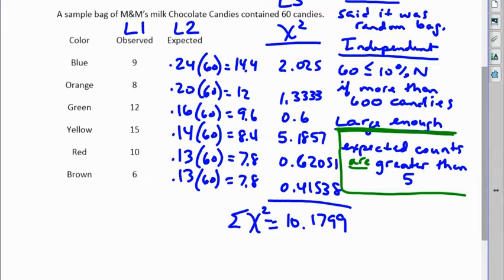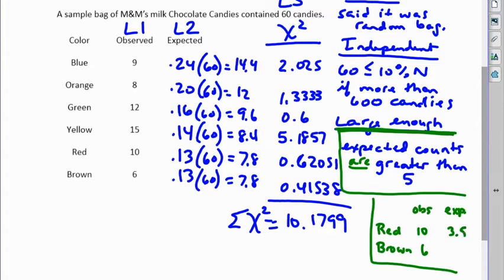If I saw that there was an expected count not greater than 5, let's say, for example, I had red and I had brown, and I'll just keep the observed what they were, but let's say I expected to see 3.5 and 3.5. Let's just say my expecteds would not be greater than 5.